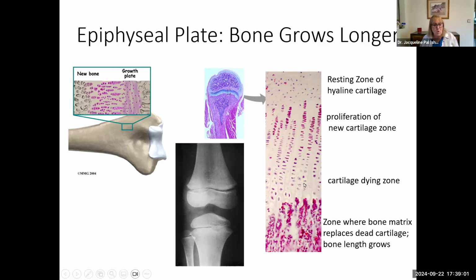And then the bone cells, they are going to seize the day, carpe diem, and basically, because we've got those osteoblasts just sitting here, they're going to start producing bony matrix and start replacing this and making bony spicules growing up to replace the dying zone cartilage. So the bone is growing towards the epiphysis.